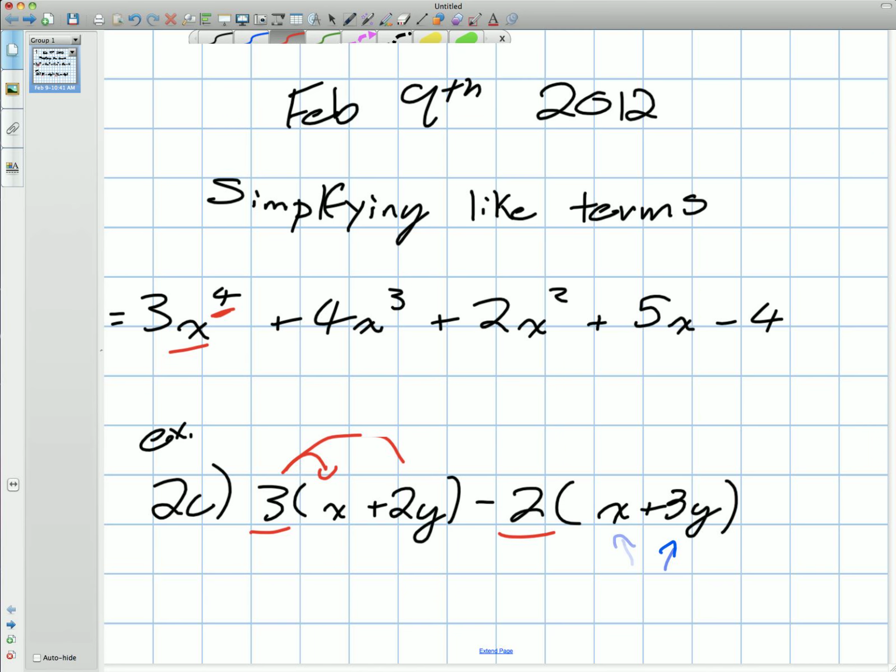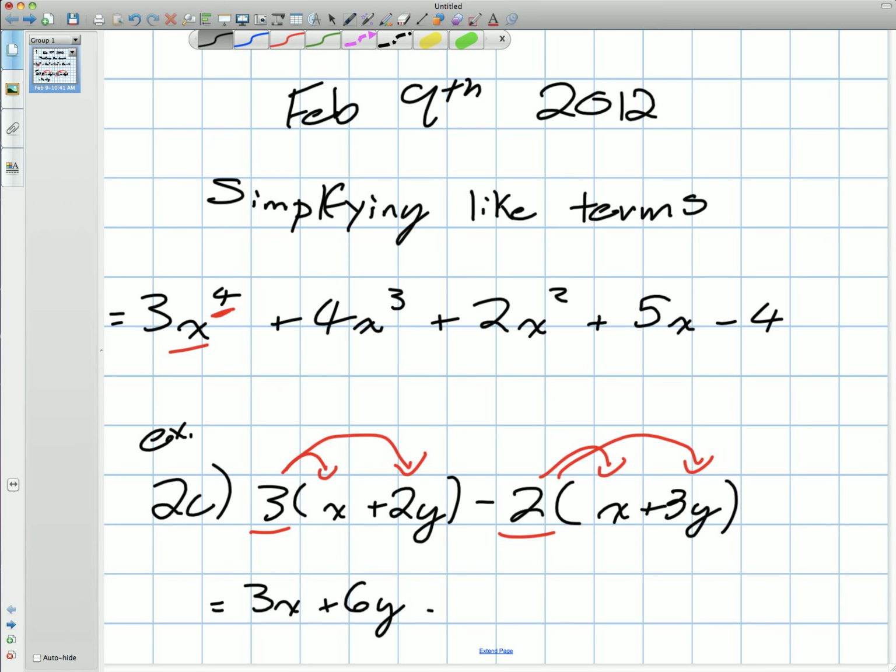We end up with, what is 3 times x? Just 3x. And 3 times 2y? That's right, we just multiply the coefficients. So 3 times 2 is 6. We get 6y. Now with our other number, is it just 2 we're multiplying? It is a negative 2. So when I multiply negative 2 times x, what do I get? Negative 2x.